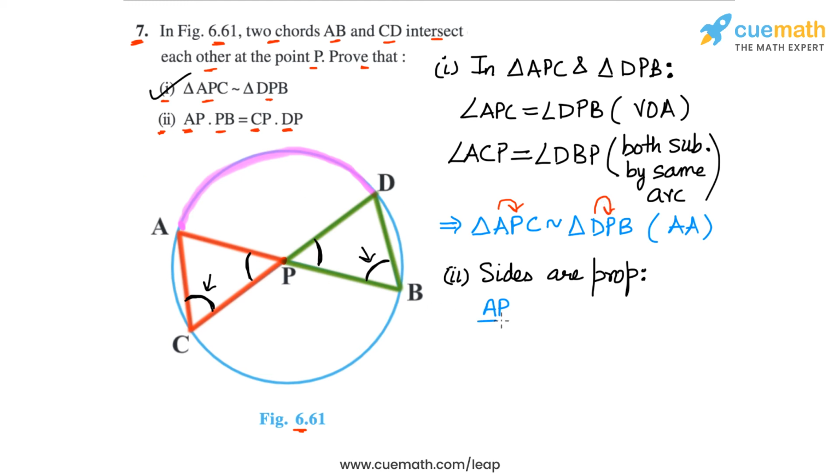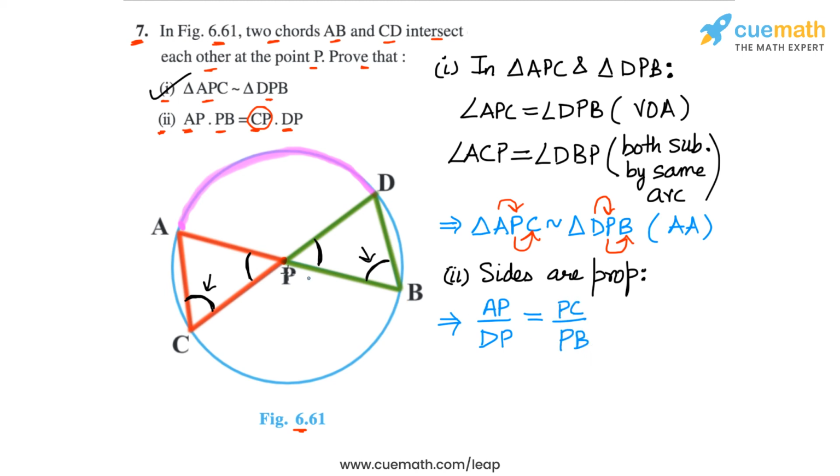So AP by DP will be one ratio. This will be equal to, and let me take now PC in the first triangle because I want the term CP, and correspondingly I will get PB in the second triangle. Okay, so PC by PB.